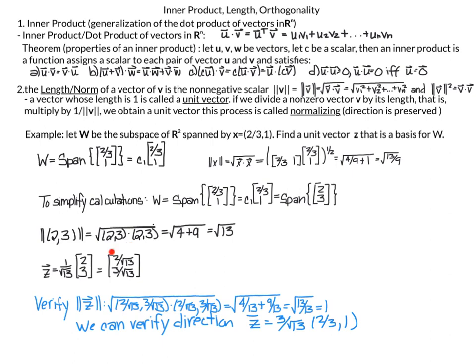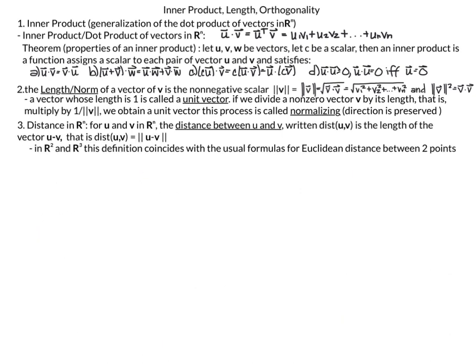And if it truly is just a scalar multiple, then 3 over square root of 13 times 2/3 should equal 2 over square root of 13, which it does. So you can see that z is just a scalar multiple of our original vector, meaning it has the same direction and the span will be the same.